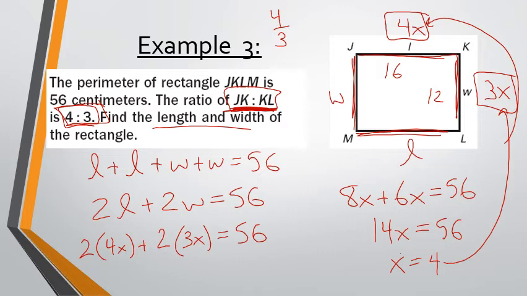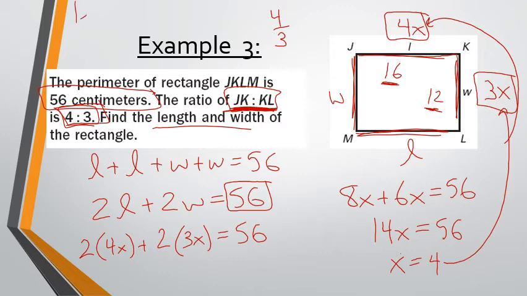Now, we're not done. Let's check it. If I take 16 and times it by 2, and I take 12 and times it by 2, and add them together, you should get 56, which is what we told you the perimeter should be at the beginning. So again, that's a way you can check your work. And I kind of ran out of space here, so I'm going to write at the top.